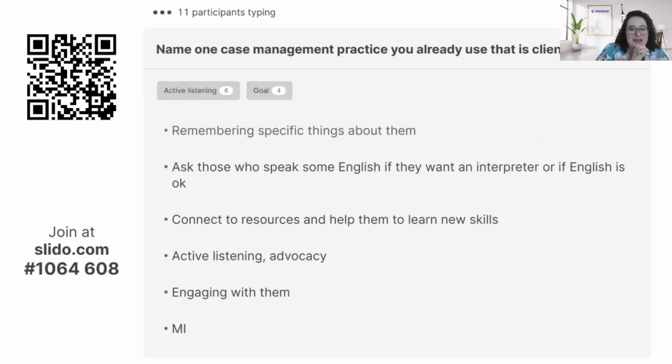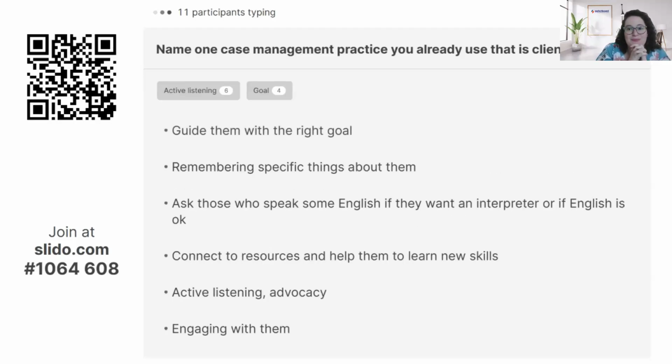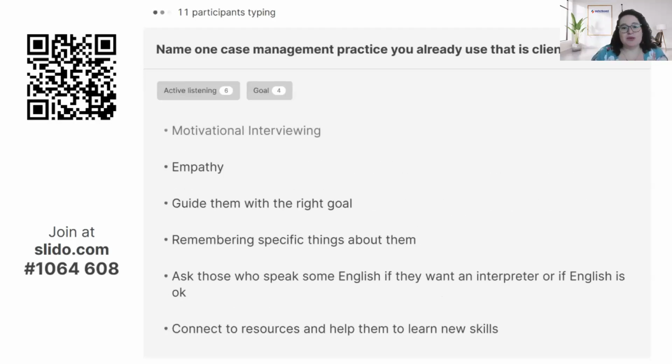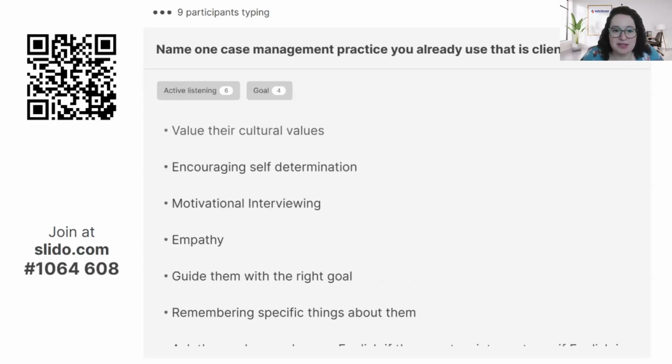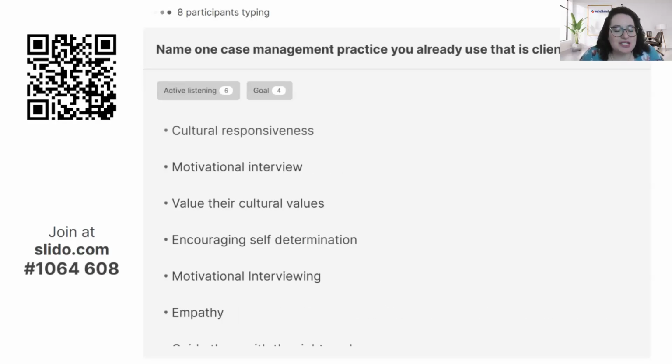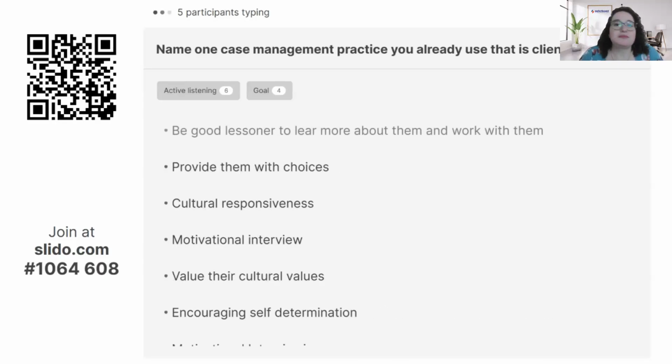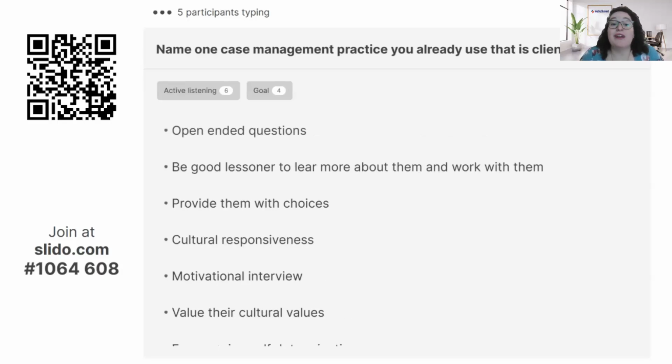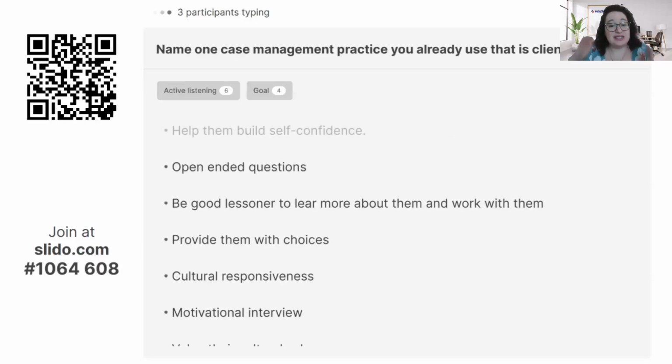Motivational interviewing. I'm going to mention that briefly, but we have a growing pool of resources on motivational interviewing that's absolutely client-centered, encouraging self-determination, being culturally responsive, providing them with choices either to prioritize or which direction do you want to go. That is absolutely client-centered, helping them build self-confidence.